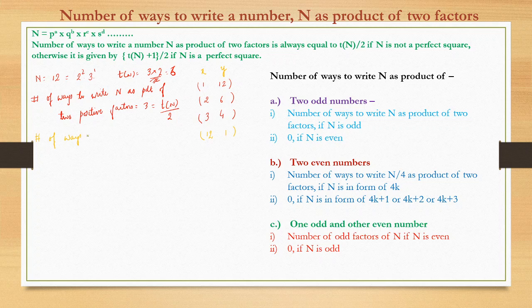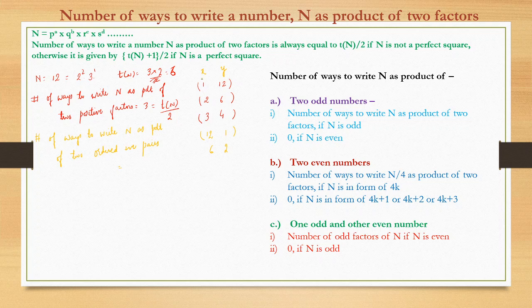So number of ways to write n as a product of two ordered positive pairs is what? 1, 12 and 12, 1, then 2, 6 can again be 6, 2.